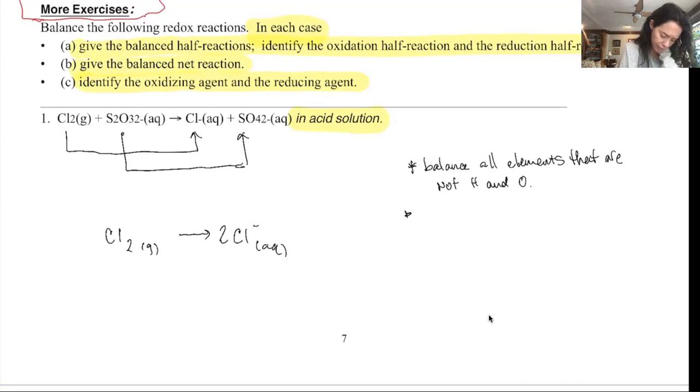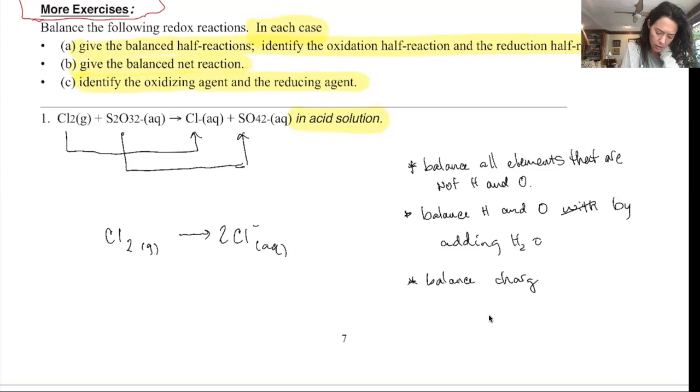Step 2, balance H and O by adding water. Well, I don't have any H or O's, so I don't need to do that. Now I'm going to balance charges by adding electrons.